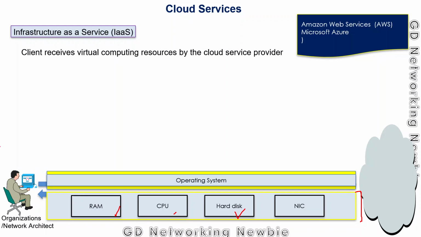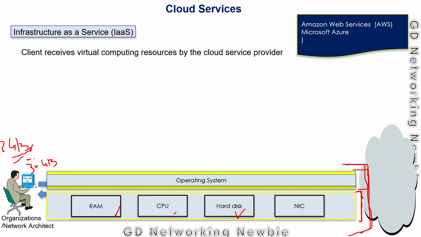For example, this user only has 2 GB RAM, but wants to run some simulations where he needs maybe 30 GB. In that case, instead of purchasing that RAM forever, it can request that infrastructure from the service provider, and the service provider can provide all these resources in addition to the operating system. Once the user has this infrastructure, it means not only this 2 GB RAM, but the required operating system as well will be there.